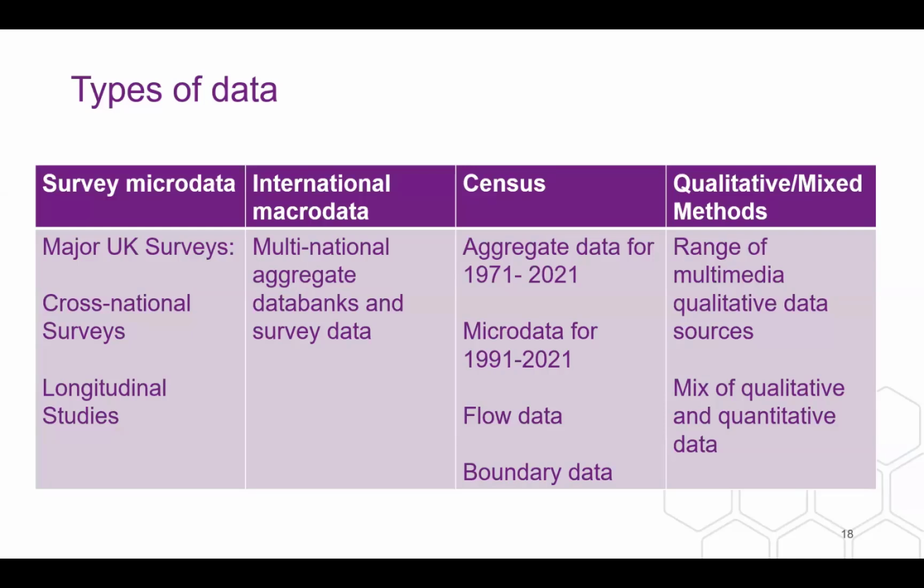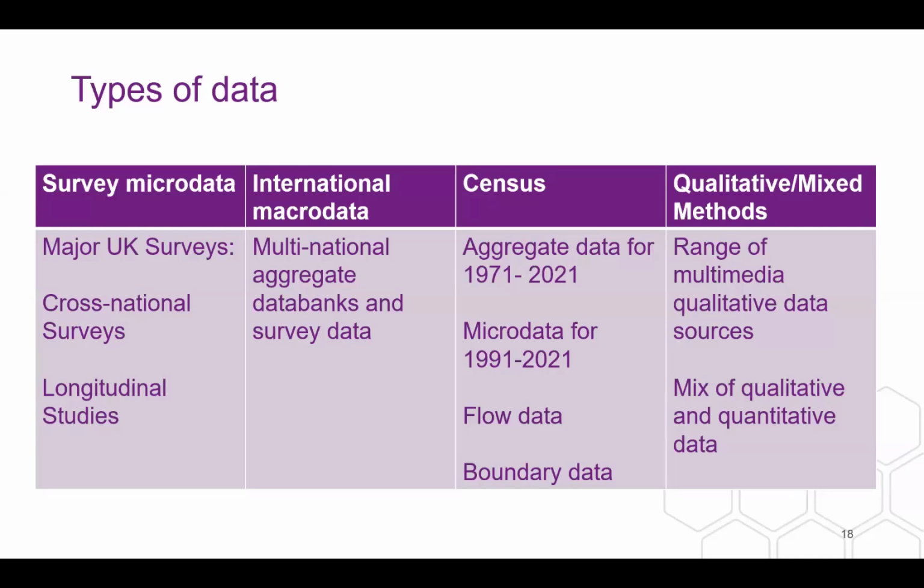The international macrodata is very similar, as it includes survey data and datasets, but this time through multinational data banks. The census data are national data divided into aggregate datasets from 1971 to 2011 to microdata from 1991 to 2021.